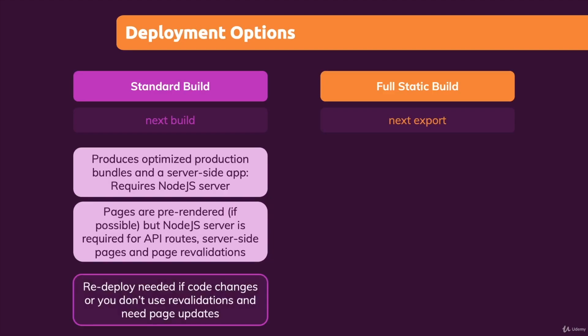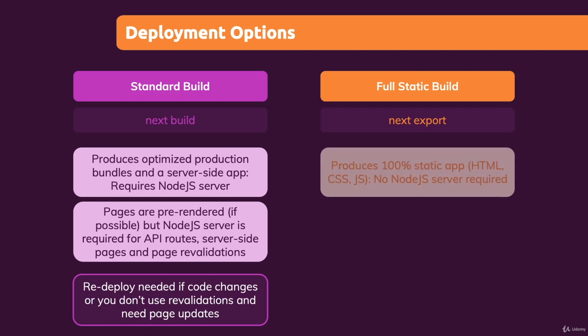Now, next export does something totally different than next build. It also produces an optimized production version of your application, but it produces a 100% static application, which means only HTML, CSS, and JavaScript, no server-side code, and therefore for hosting such a website, you don't need a Node.js server.